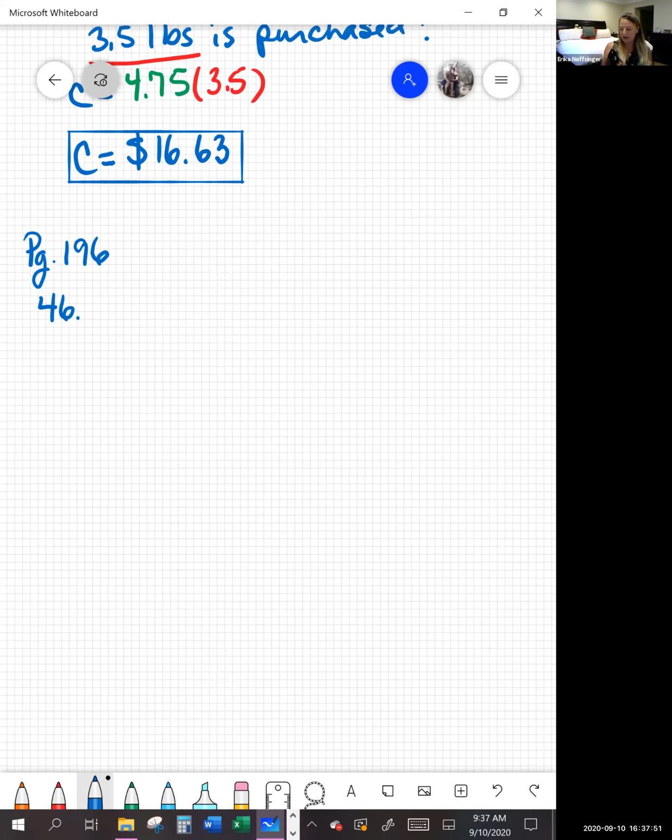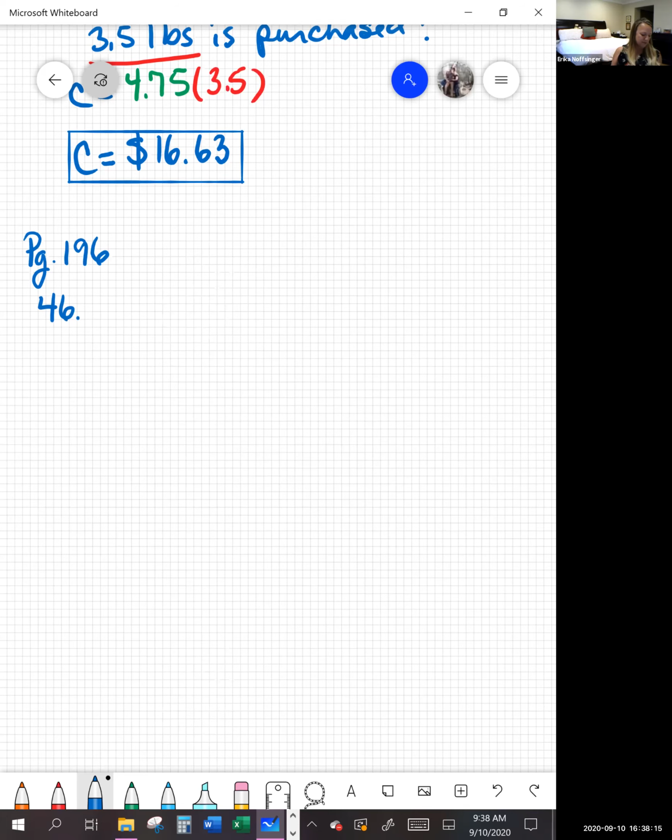Okay, so we're talking about building and safe load for a beam. So the maximum safe load for a horizontal rectangular beam varies directly with the width of the beam and the square of the thickness of the beam and inversely with the length. Okay, maybe we should just take that piece.